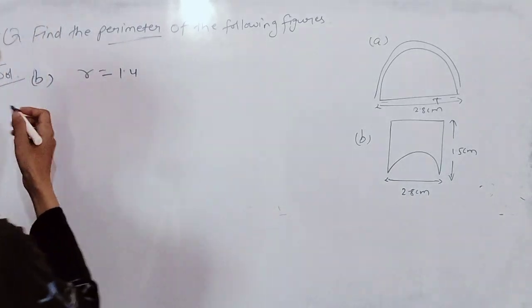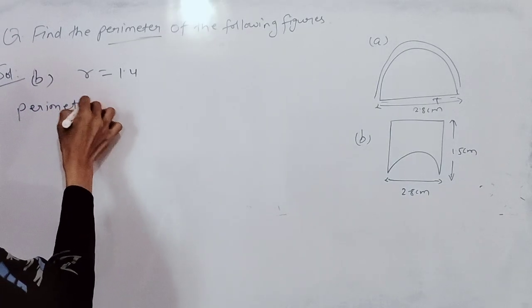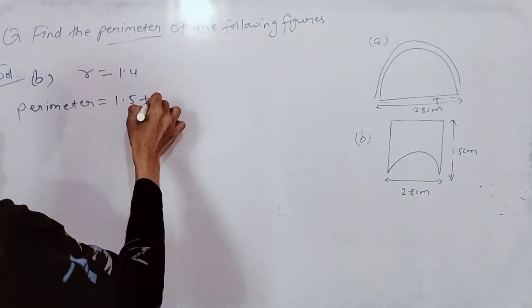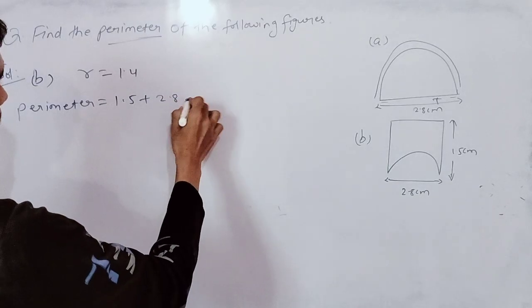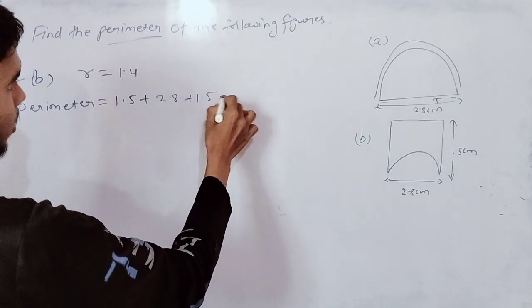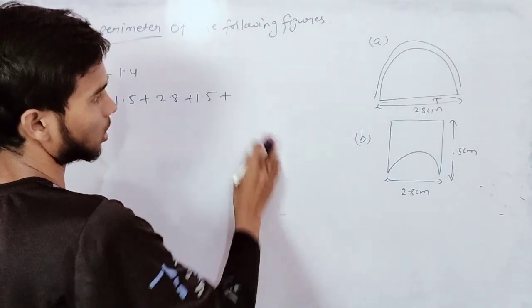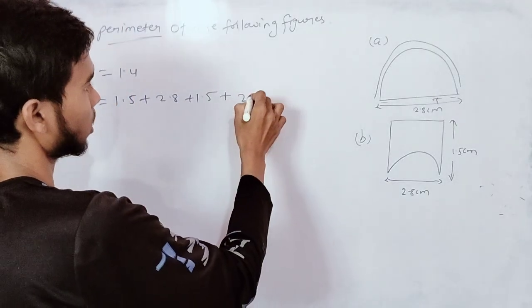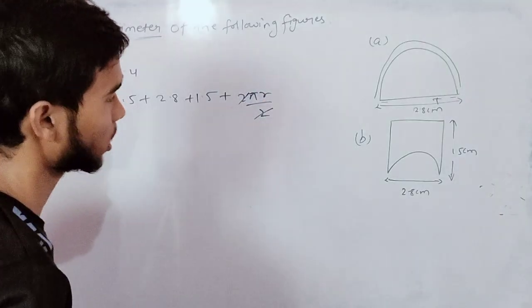So here the perimeter would be this 1.5 plus 2.8 plus 1.5 plus 2 pi r upon 2. This will cut.